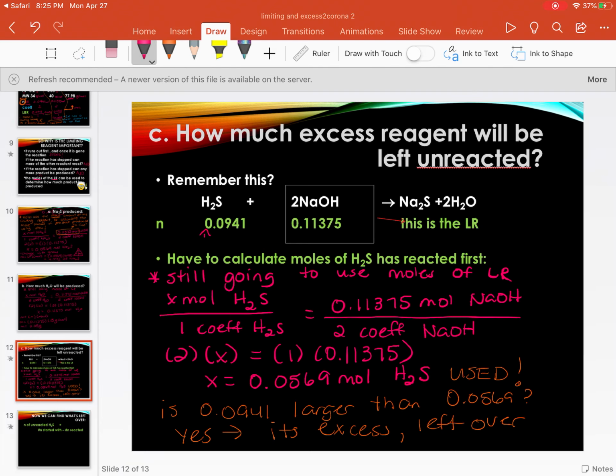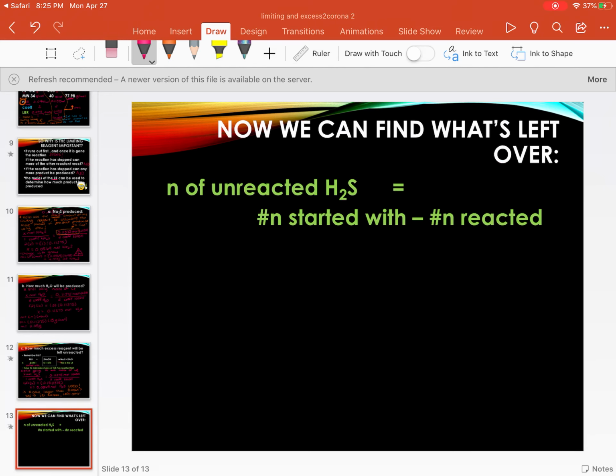So this is the started with here. And when you add and subtract, they have to have the same unit, right? So make sure you're not subtracting the grams by accident. Not that you would ever compare grams anyways, but just in case.